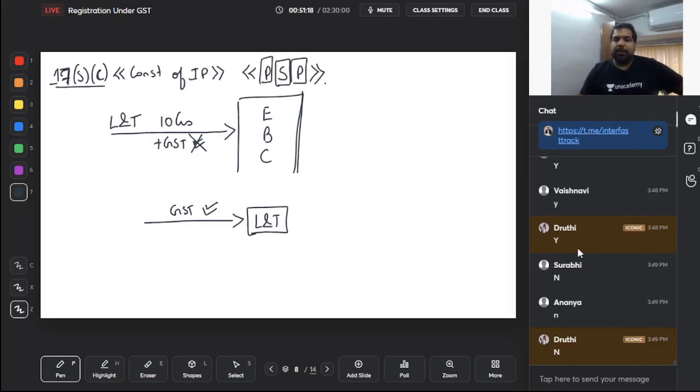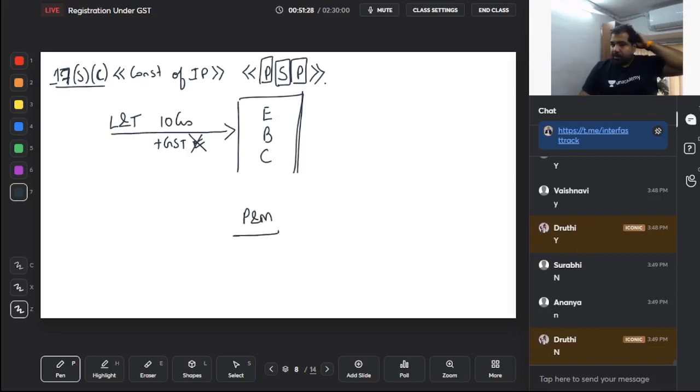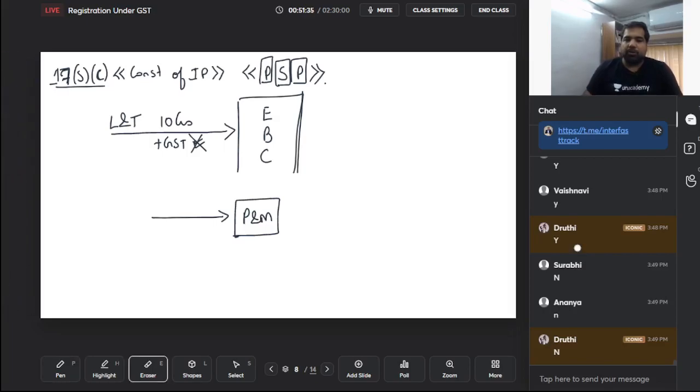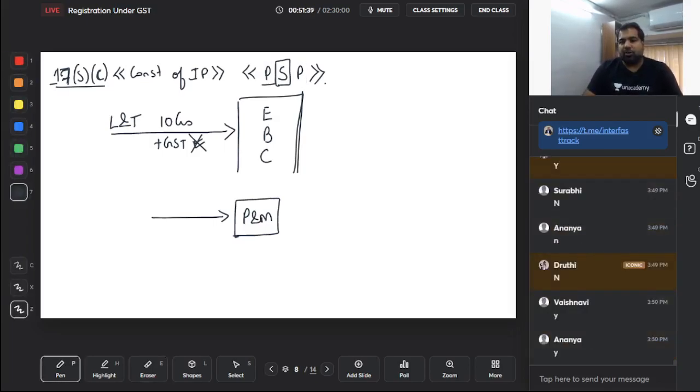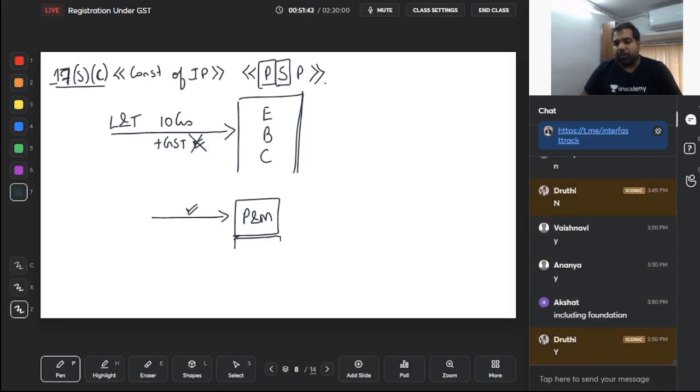Let's discuss the P. Guys, I am not constructing an immovable property which is a building. I am constructing an immovable property which is plant and machinery. So guys, if the services are for construction of plant and machinery, then does the government want to encourage plant and machinery or manufacturing in India? Yes, if it's for construction of plant and machinery, then we will give you credit, including the foundation.